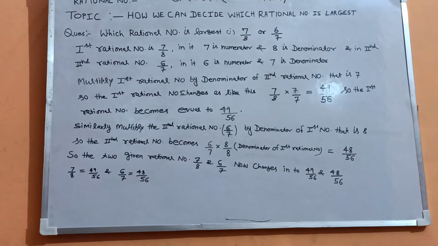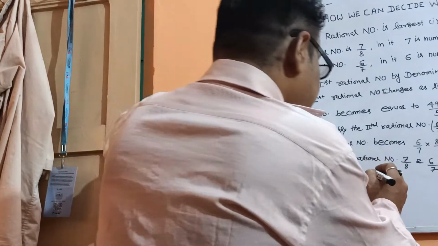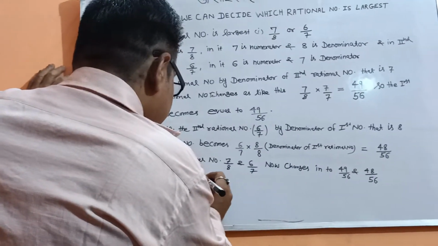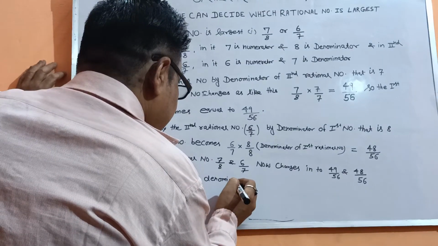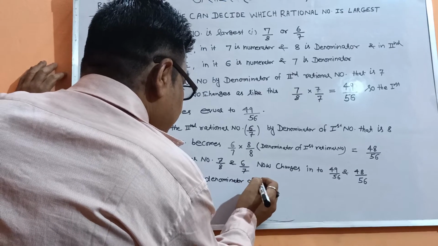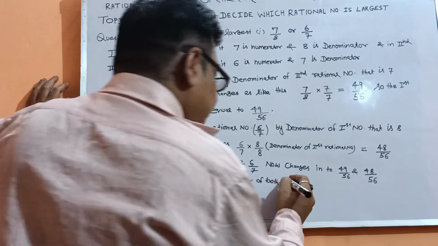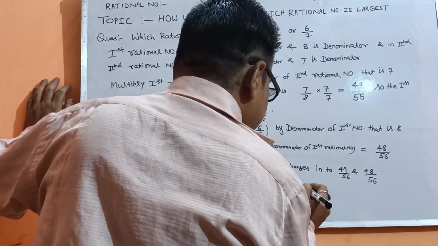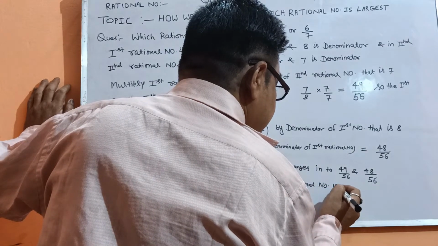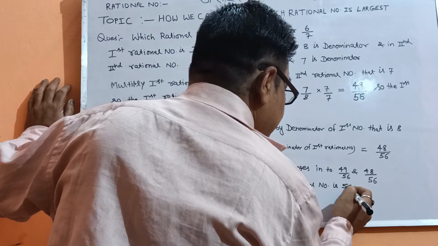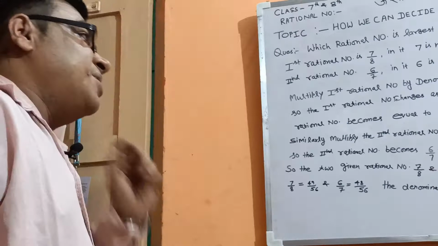The denominator of both new rational numbers is the same, that is 56, and it is very easy to find which rational number is largest.